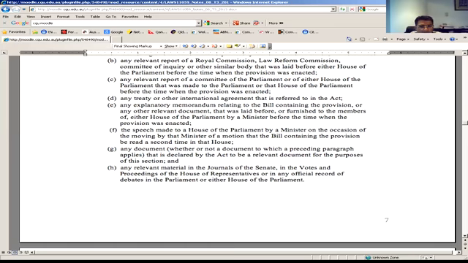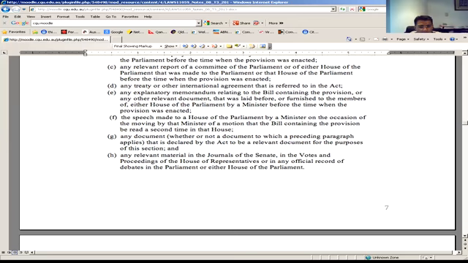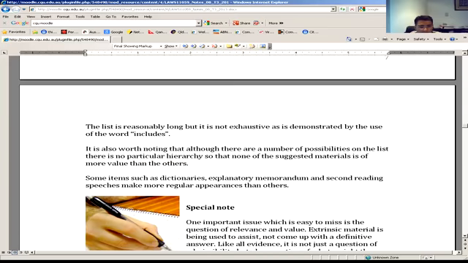Any document that is declared by the Act to be a relevant document. Any relevant materials in the journals of the Senate and the votes and proceedings of the House of Representatives. So we're getting an articulation in the Acts Interpretation Act of the things that the legislature are telling us we can consider as part of the process.